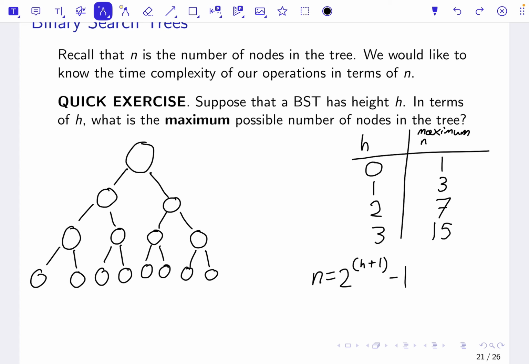And of course, that's the worst case. N is at most 2 to the power of h plus 1 minus 1. As demonstrated earlier, you can still have a tree with the same height, but significantly fewer nodes.